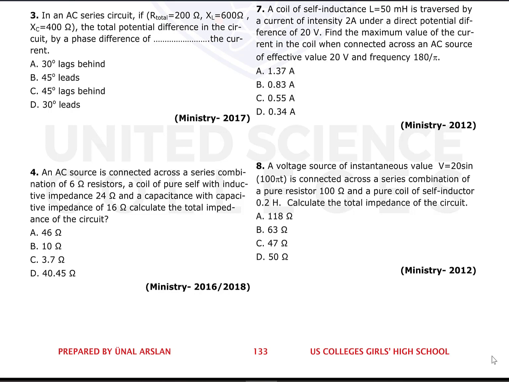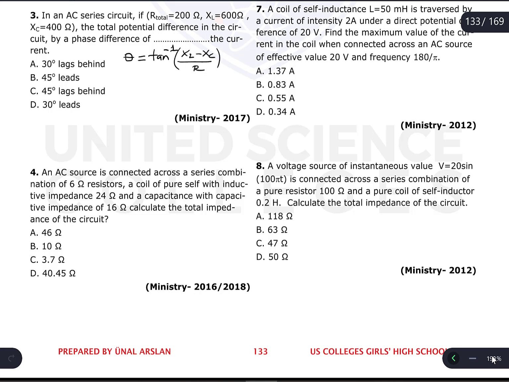So we know that theta is equal to tangent inverse of XL minus XC divided by R. So tangent inverse, XL is 600, XC is 400, divided by R, 200. So 200 divided by 200, so it is 1.